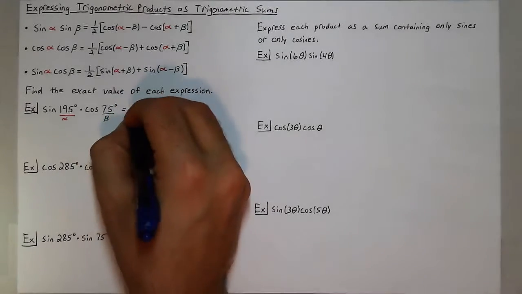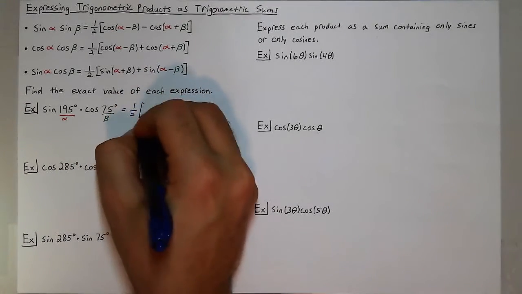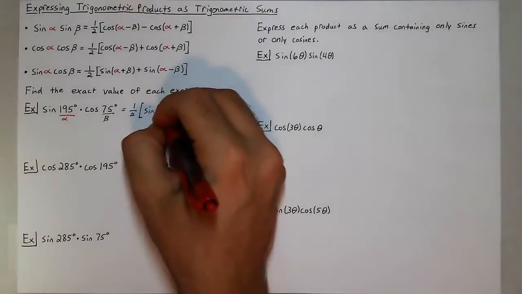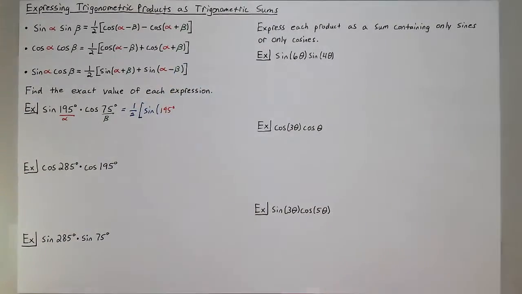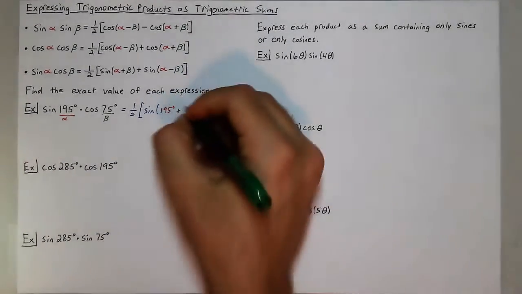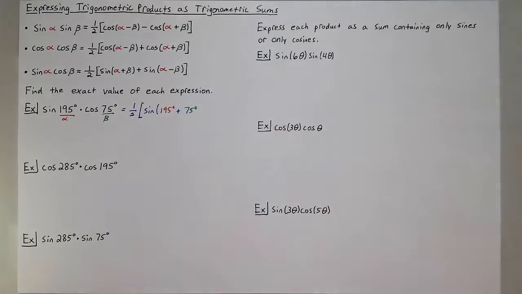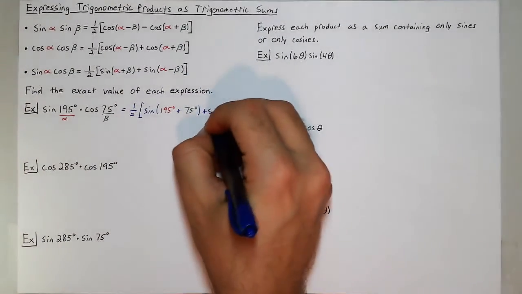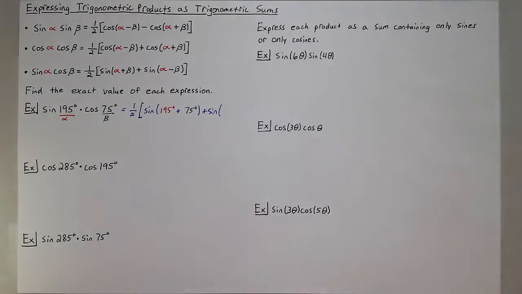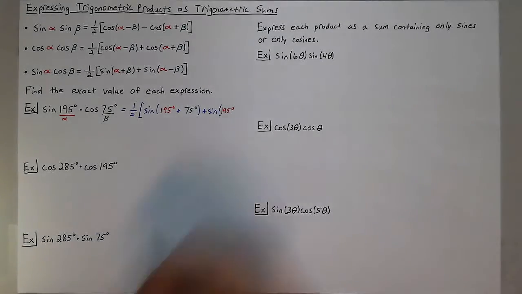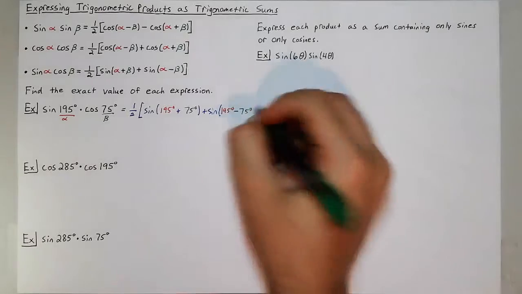So using that formula, I get 1/2 of sine of alpha, which is 195 degrees, plus beta, which is 75 degrees, and then plus sine of alpha, which is 195 degrees, minus beta, which is 75 degrees.